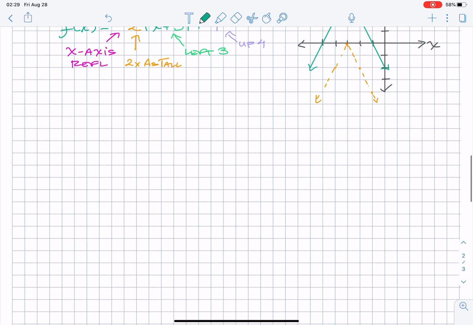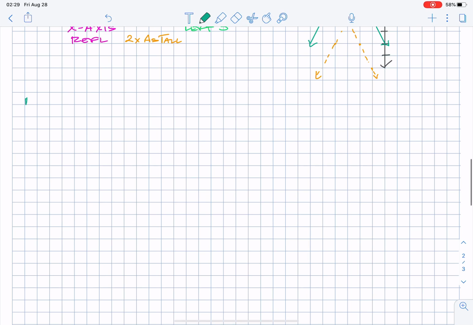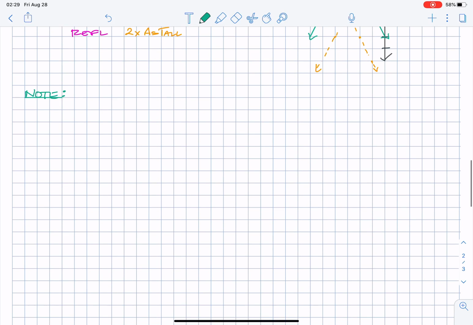Okay, so let's note something. Note. So for all values of x less than or equal to 0, this implies that the absolute value of x is greater than or equal to 0, right?